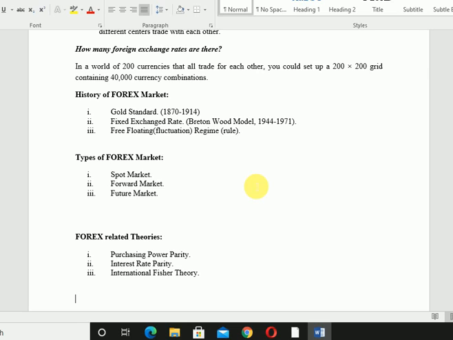The formula for that is that the future spot rate divided by the spot rate is equal to the domestic currency interest rate divided by the foreign currency interest rate. So he provided this theory, and on the basis of it we can find out the future spot rate. These theories are related to the forex market.